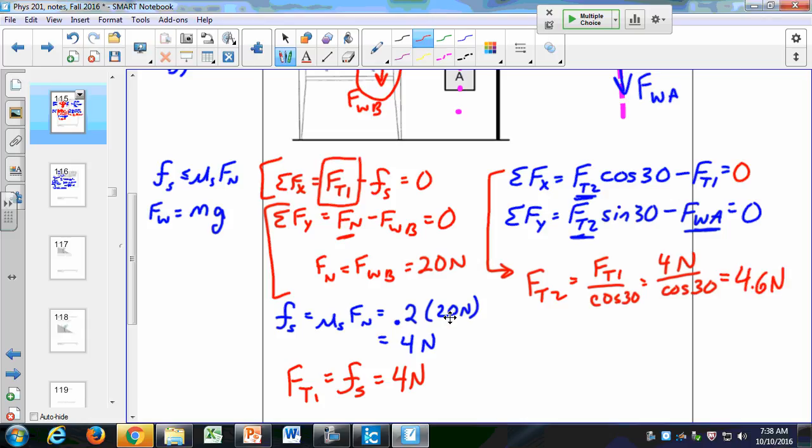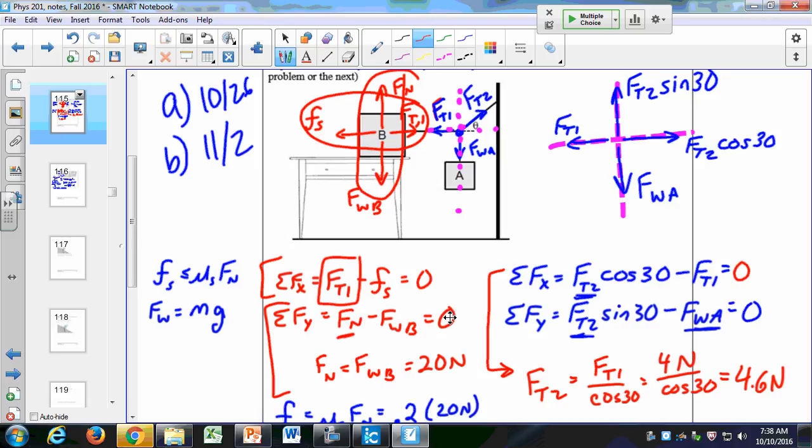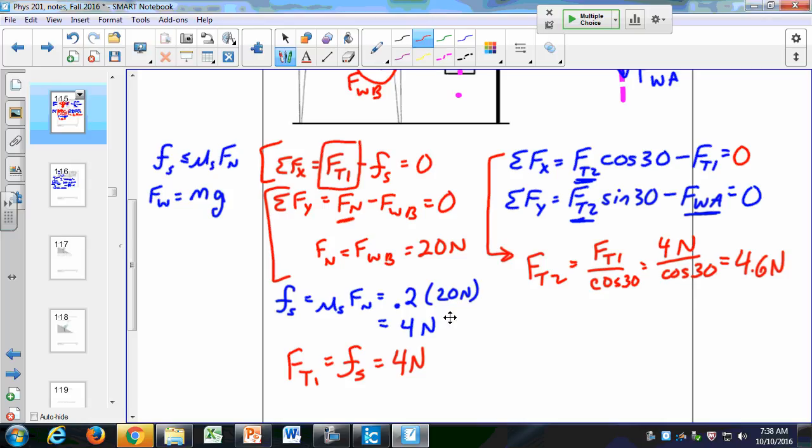So that is the tension in this rope that was at an angle. Ft2 is that tension. Now I can take this and I can plug it in here and I can find Fwa. Fwa is equal to Ft2 sine 30.